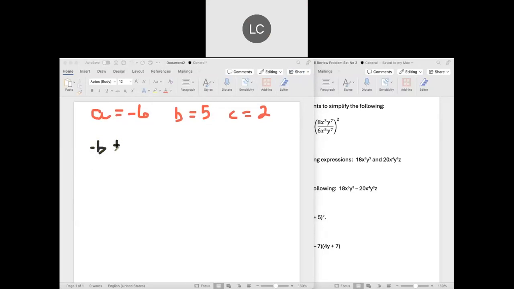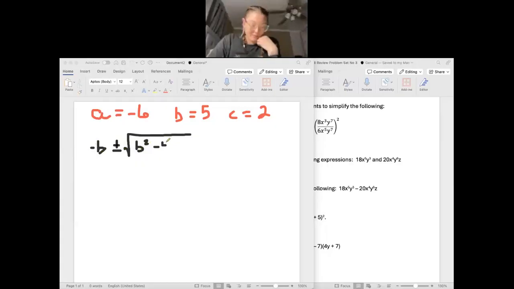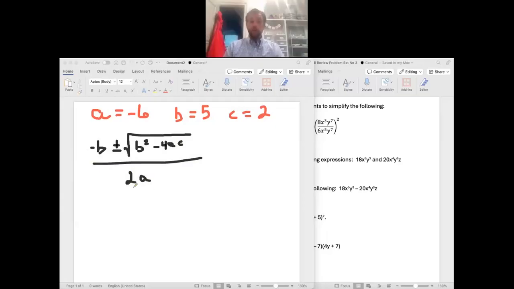Opposite of b, the square root of something. Okay, so now it's just plug and play. So plug in your values.